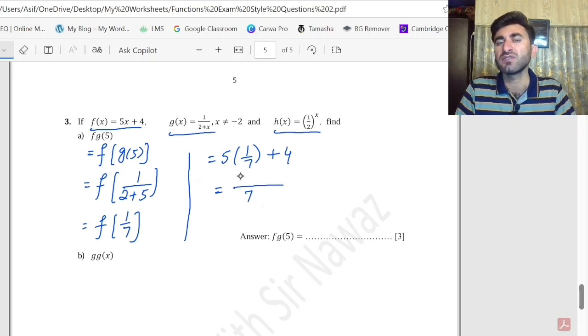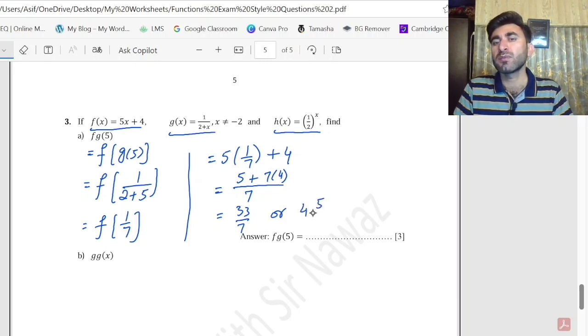Numerator will be 5 times 1 is 5, and then it will be 7 times 4, and it shall become 28 plus 5, which is 33. 33 upon 7, or we can also change it into a mixed fraction, which will be 4 whole 5 upon 7. So that is the value of fg of 5.